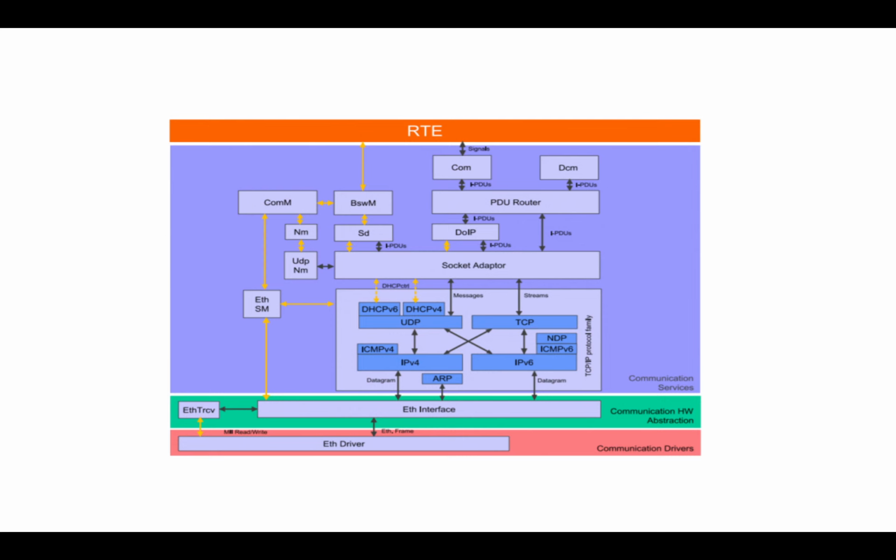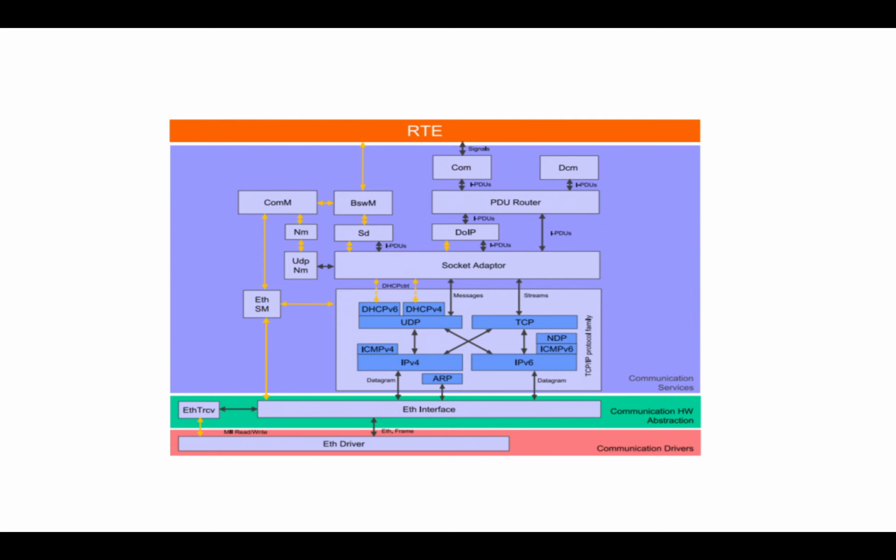Again, as I mentioned, let's speak about each module one by one. Let's start with the socket adapter, because this is something new here: as it is socket based communication, this is an extra addition in the service layer.